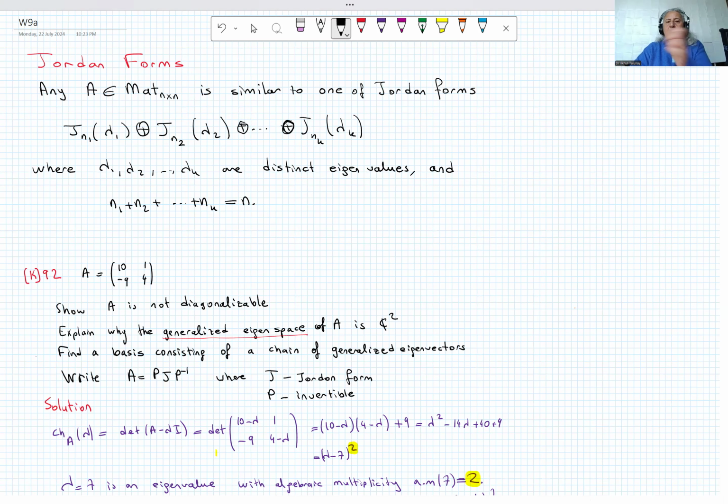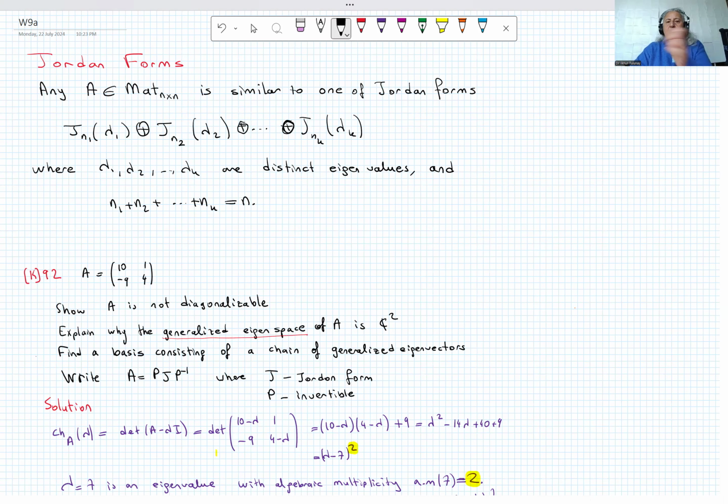It's always the case. Okay, first, to show it is not diagonalizable, we would like to find the eigenvalues and eigenvectors. Eigenvalues are the roots of the characteristic polynomial, and the characteristic polynomial is the determinant of A minus lambda I. A minus lambda I only changes the diagonal, so we have 7 minus lambda, because this is the identity matrix.